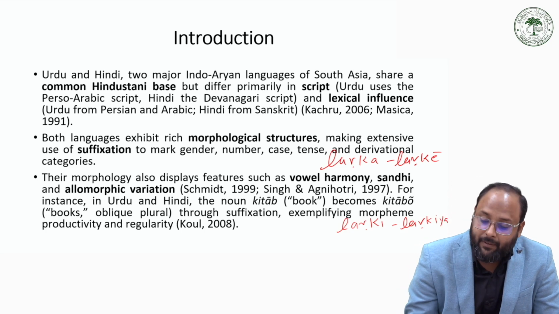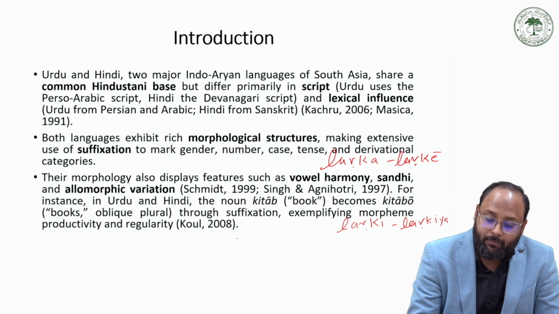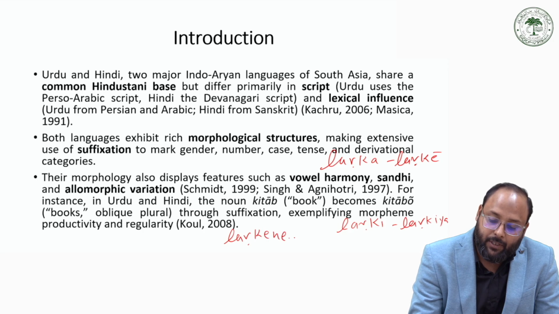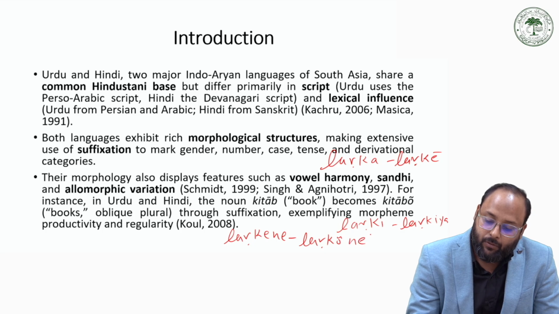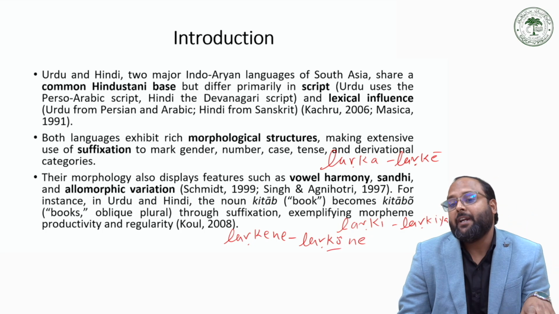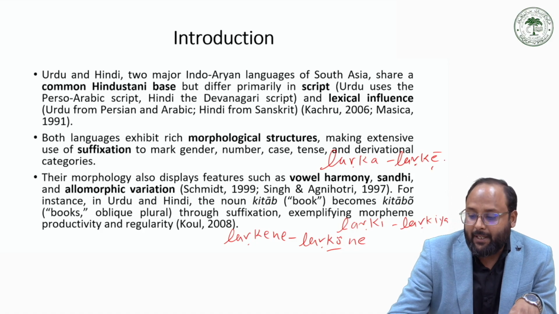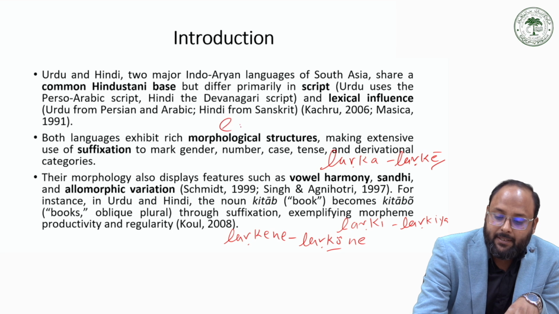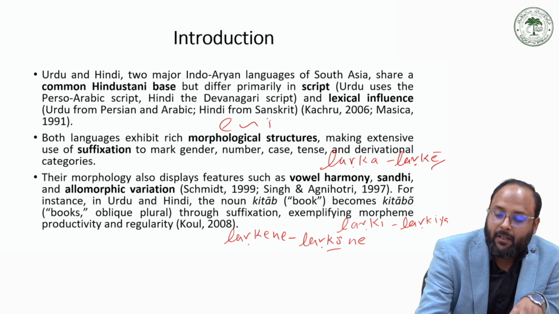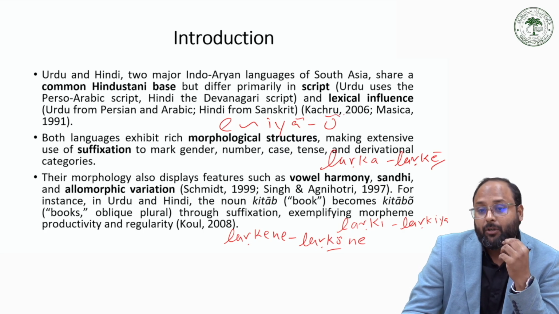And when we have the oblique, like ladke ne, it becomes ladko ne. So here O is the plural. So we have three different variations of plural in Urdu: one is A, the second is Ya, and the third one is O. So these are the three different plural markers.